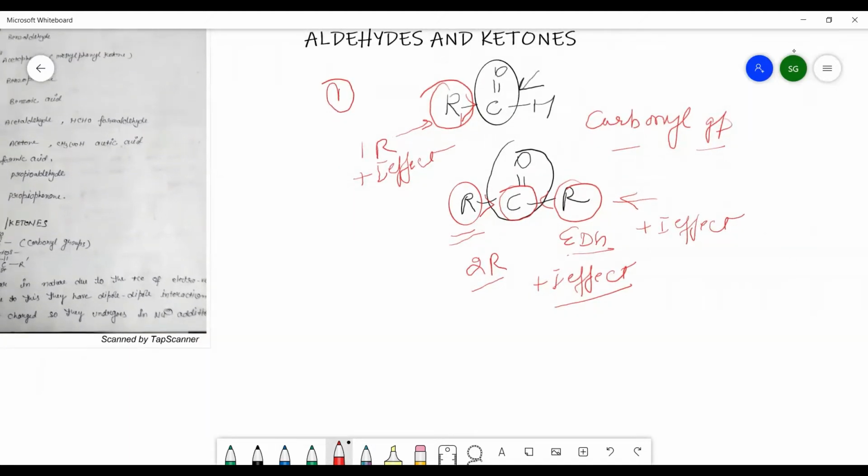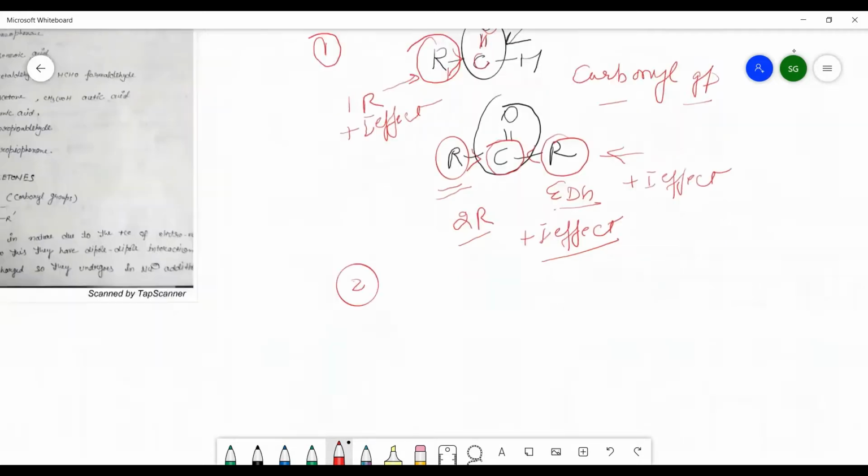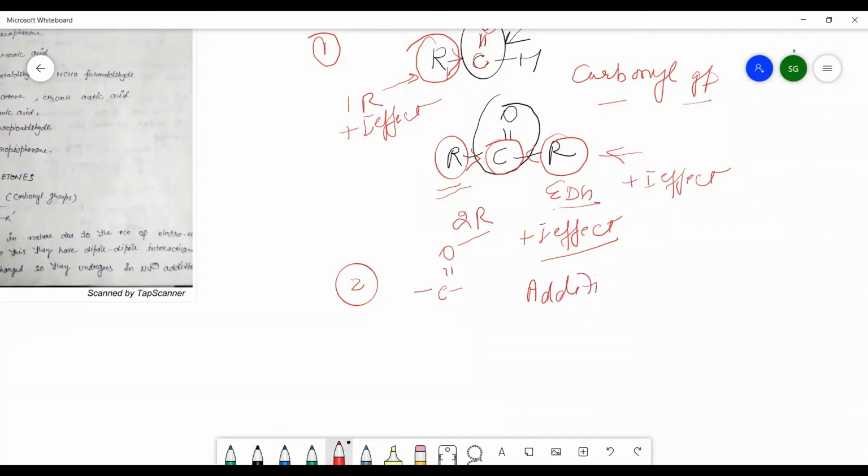Now in the next part we will discuss what kind of reactions take place for C double bond O. Since there is a C double bond O group present, they will undergo addition reaction. Now what sort of addition reaction is there?